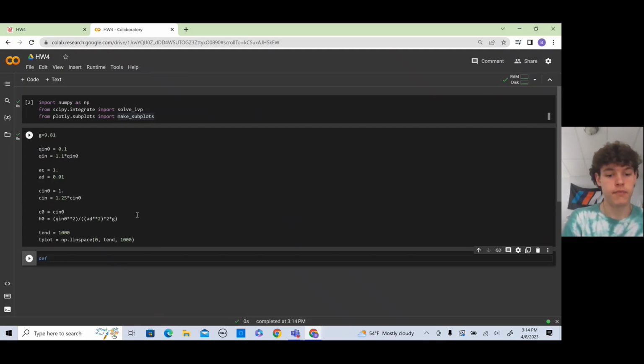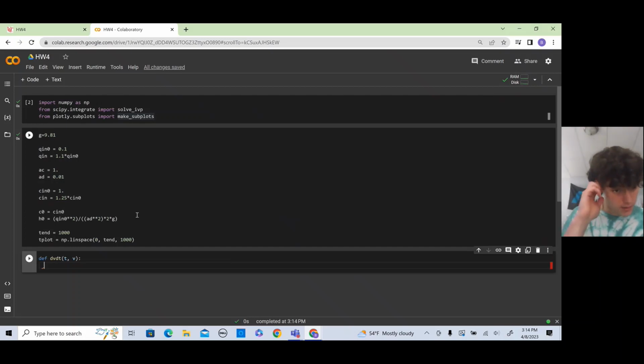Next thing we need to do is make our function for our concentration and height. So we'll just do that as one, combining them. So we'll define our dV dt as a function of t and v. And first thing we'll need to do is unpack our concentration and height into that v.